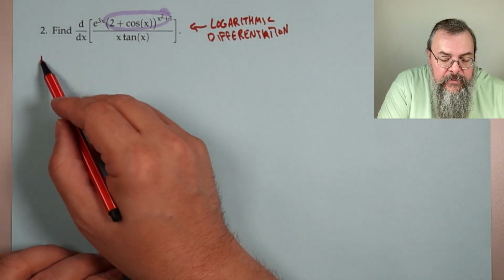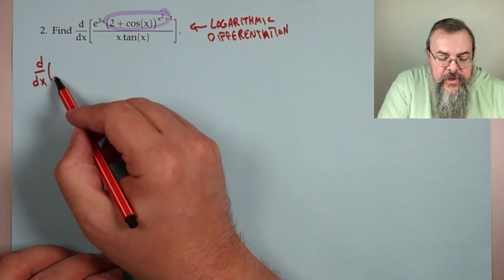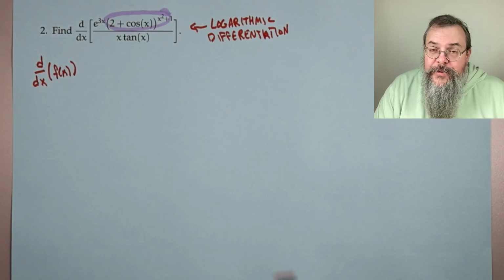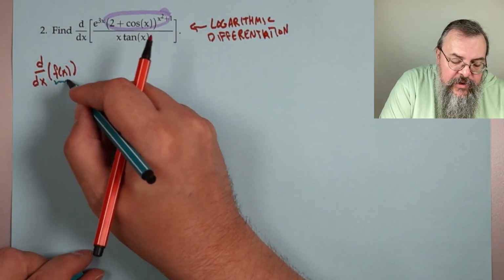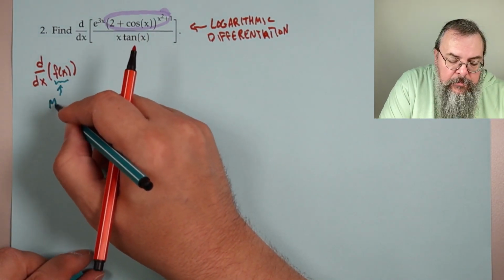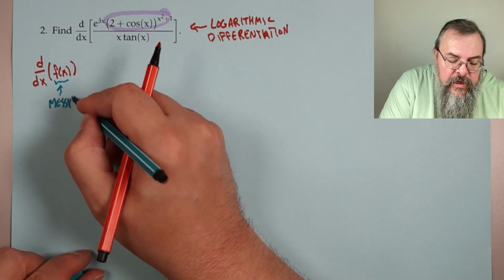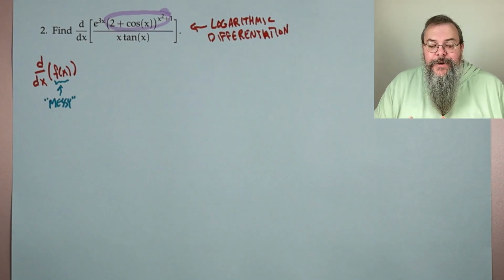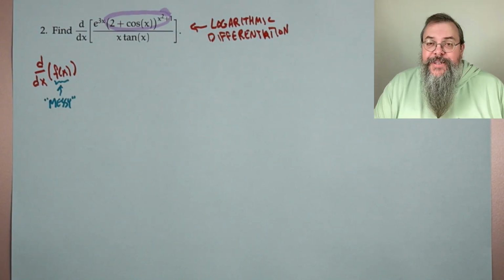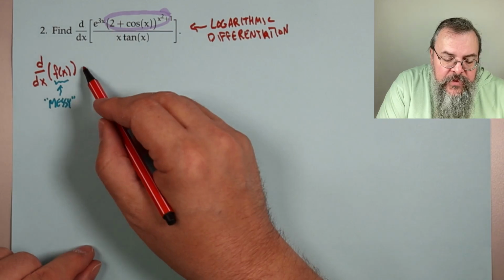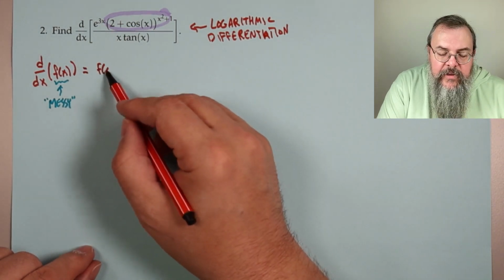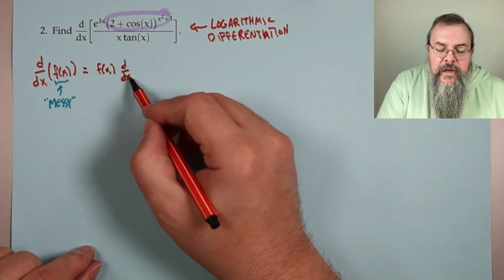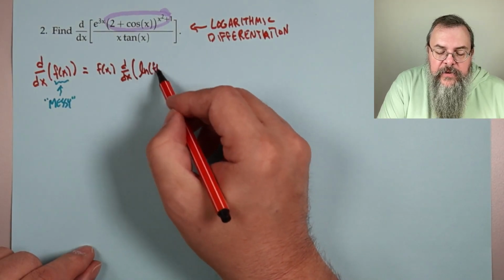Namely, suppose I want to find the derivative of a function f of x, where f of x is what's known as messy. And here I'm not talking about a soccer player, I'm just saying the expression, ugh, we don't want to deal with it. Terrible, terrible. Well, that's equal to f of x. Okay, that's good. We don't have to do anything with it. Times the derivative of natural log of f of x.